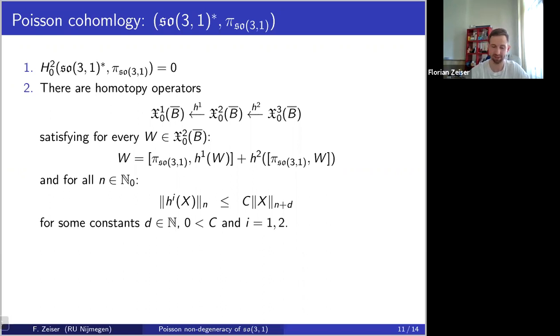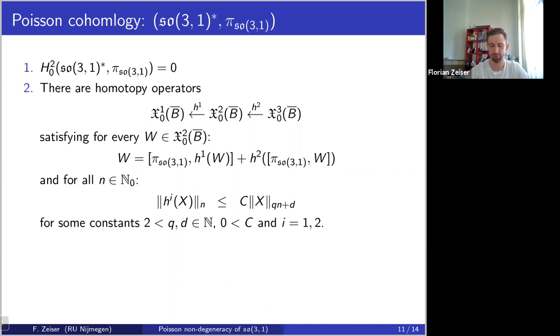Unfortunately, that's not what we get. In terms of the standard C^n norms, our estimate looks more like this: the n-th norm would be estimated by Q times n plus D, and in our case Q would be at least 2.